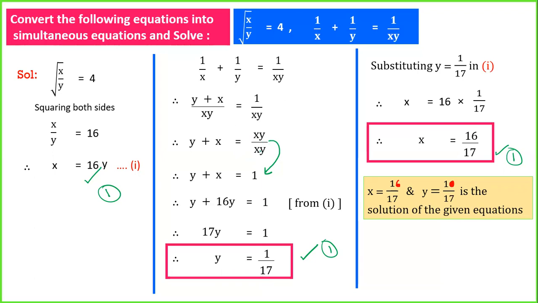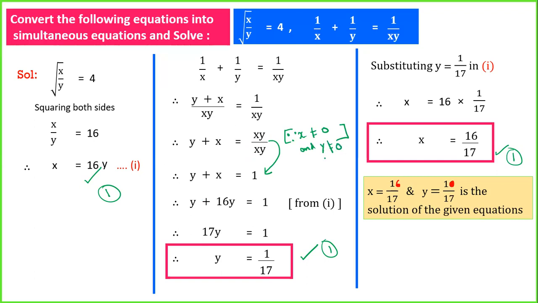Now, you know that I cannot divide by a variable until and unless I know that the variable is not equal to 0. Now imagine either x is 0 or y is 0. If either of them is 0, then this entire right hand side does not exist in mathematics, because anything upon 0 is not defined. So before dividing by a variable, I need to make sure that both x and y are not 0. So I will write here, since x is not equal to 0 and y is not equal to 0.